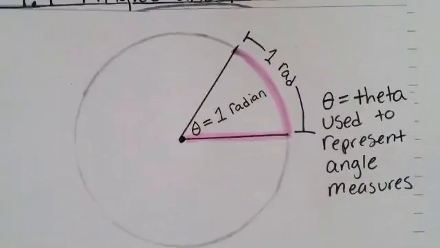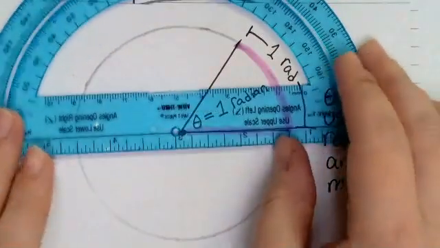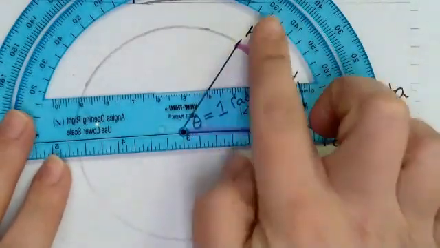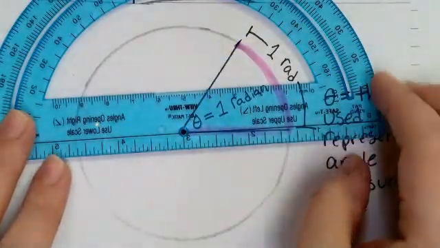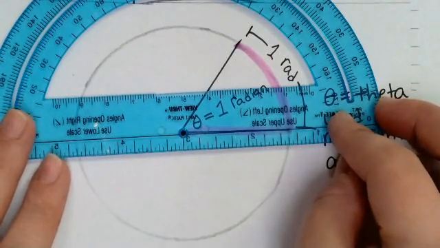All right. So we're not quite done with our little activity. We do have a nice little picture of what a radian looks like. But here's the thing. How does that radian compare to degrees? Now, you could take your protractor, if you have one, and you could sit here and try to guess about how much this is. But my thought is it's not going to be quite perfect.